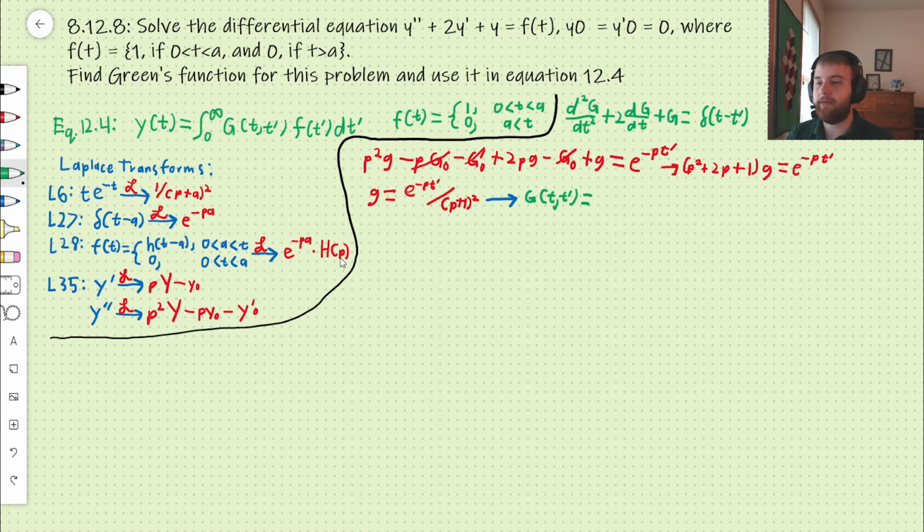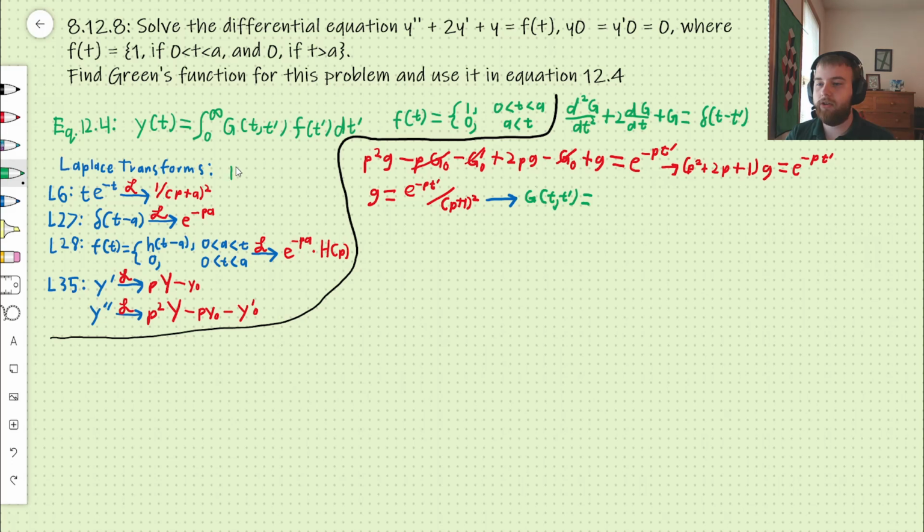We will do that by looking at L6. L6, we have this situation here, if we think of it as our h function. So I'll go ahead and write this over here.